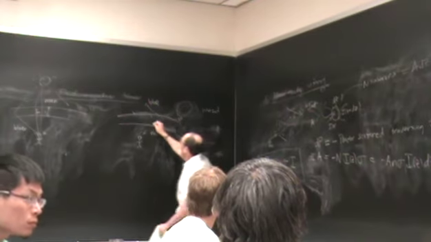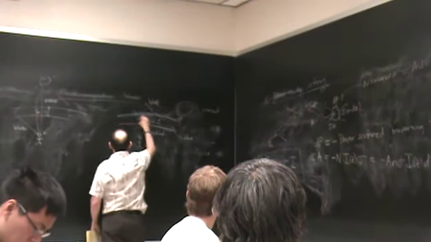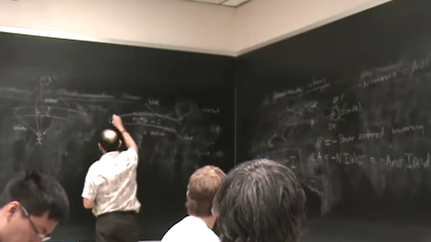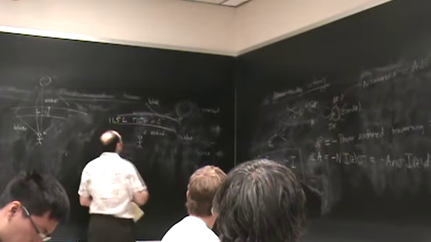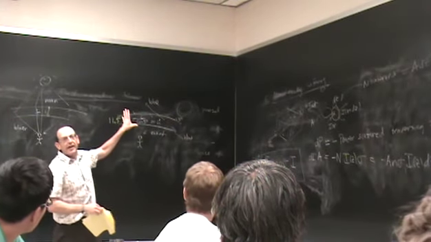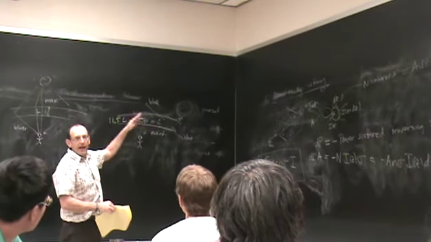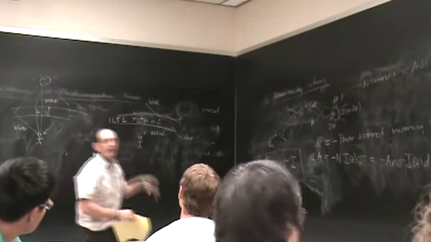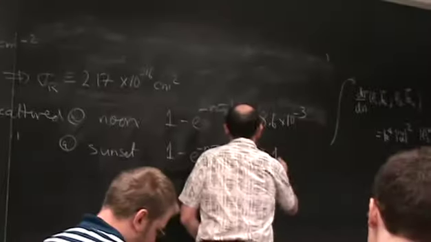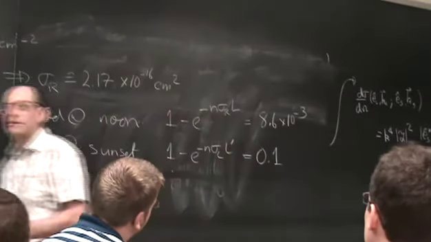So this then, L prime is equal to L divided by sine of 5 degrees, which is about 11.5 L. So we're about an order of magnitude thicker at sunset than at noon, when say sunset's at 5 degrees. So we plug that in and we get about 10% scattering.